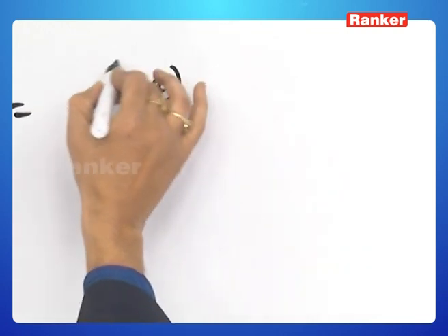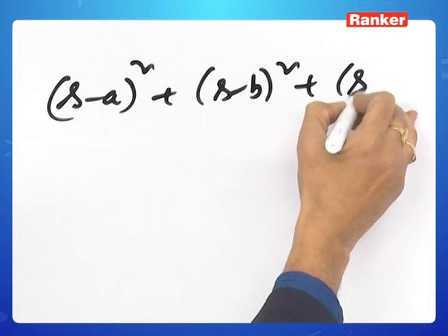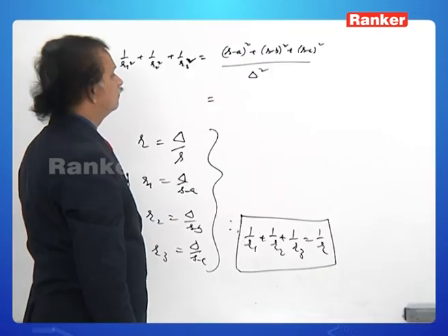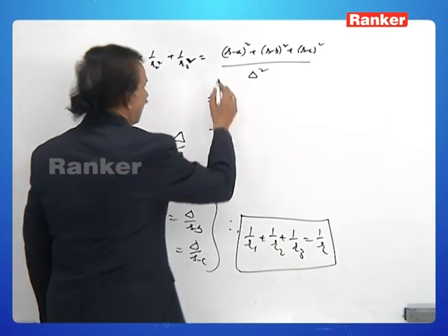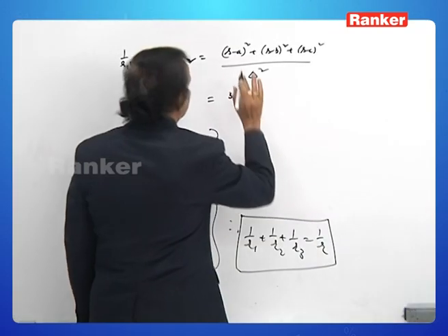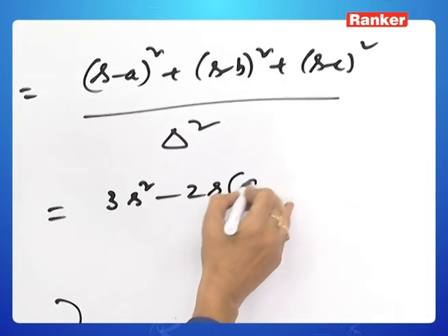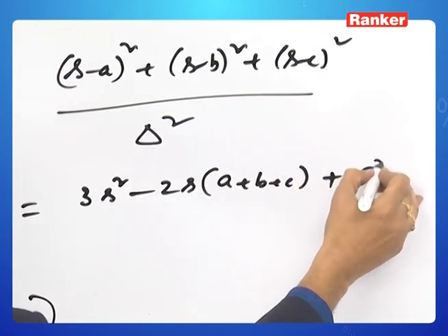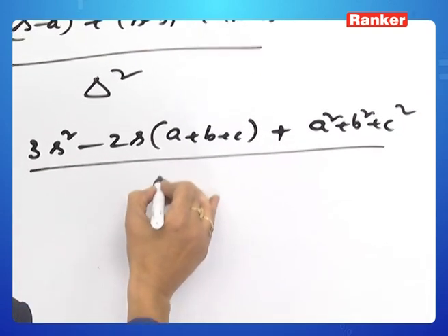So, (s minus a) whole square plus (s minus b) whole square plus (s minus c) whole square by delta square. Good. If you expand all those whole squares, you have s square at 3 places, 3s square, minus 2sa, minus 2sb, minus 2sc, that is minus 2s into (a plus b plus c), plus a square plus b square plus c square, by delta square.